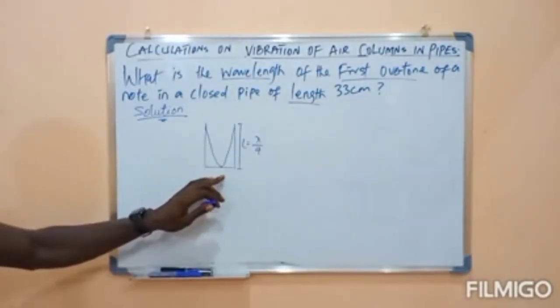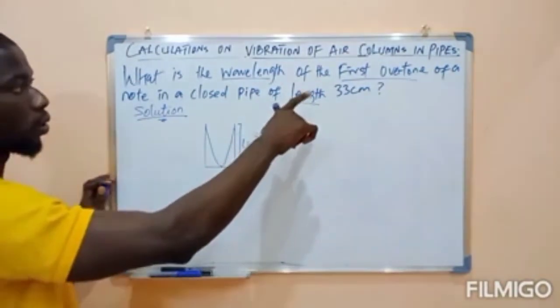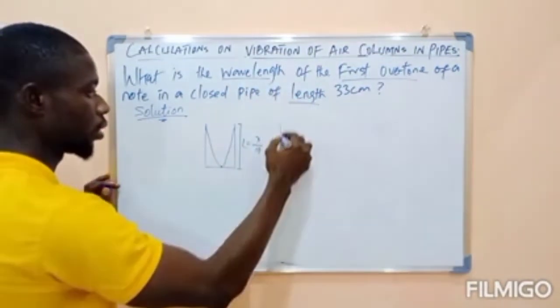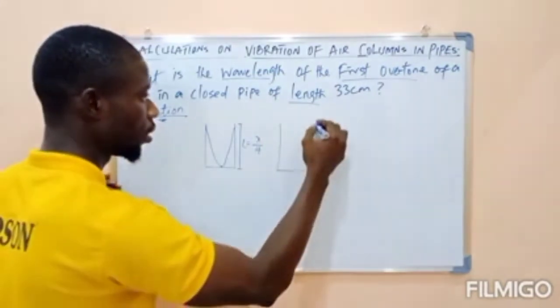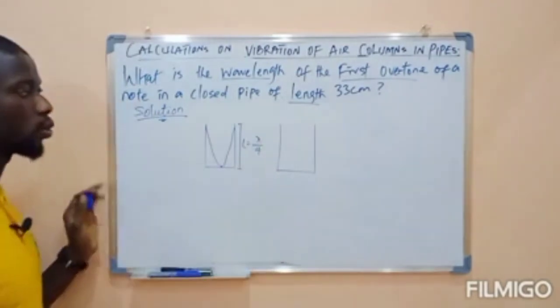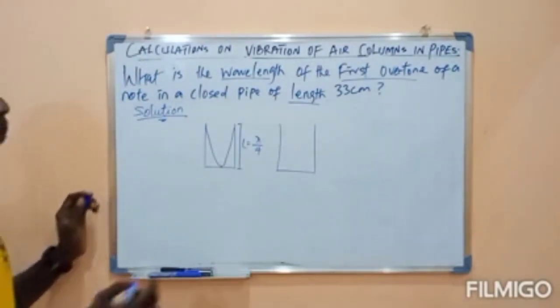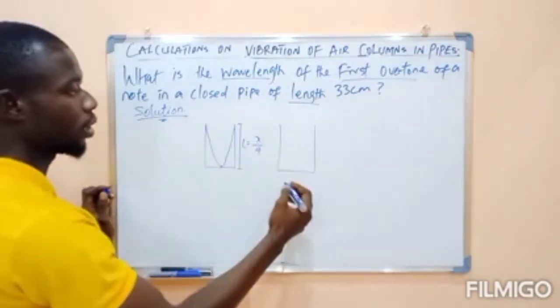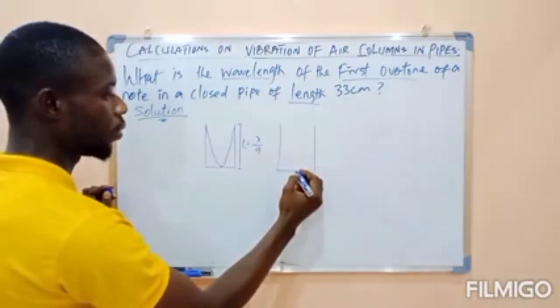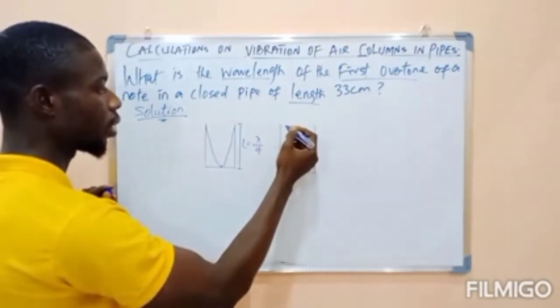This is for first harmonics. Second harmonics, which is equivalent to first overtone. Ensure you watch the video on how to draw the standing wave pattern on closed pipe. So for second harmonics now, how many nodes? 2 nodes, right?